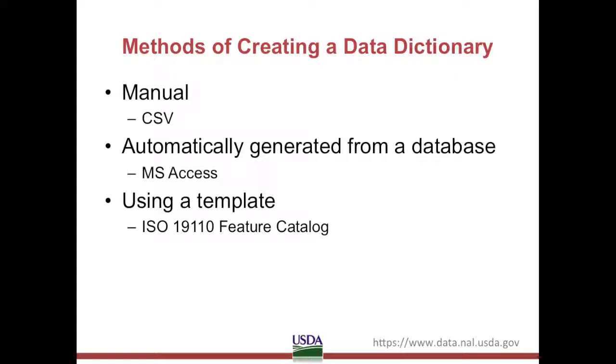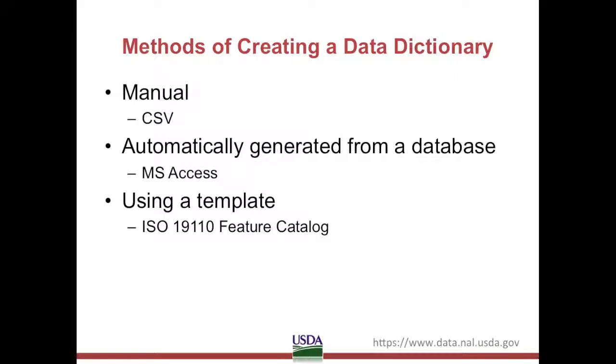In the next portion of our webinar, we will begin to review some different types and ways of creating data dictionaries and where you might encounter these various documents. Data dictionaries can be created manually, and we will review how to create one in a CSV format. They can also be generated automatically through certain types of database software, and we will review how to do this using Microsoft Access.